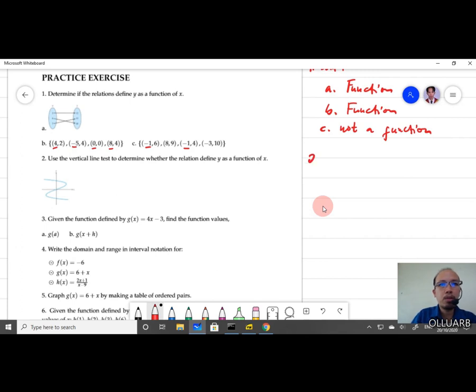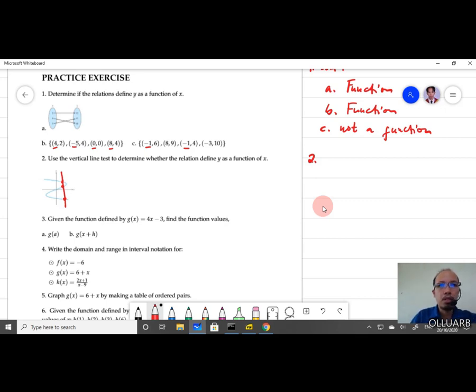So for number 2, use the vertical line test to determine whether the relation is defined as a function of x. So based on the definition of the vertical line test, if you draw a vertical line in the graph and it intersects the graph more than once, then the relation defined by the graph is not a function.